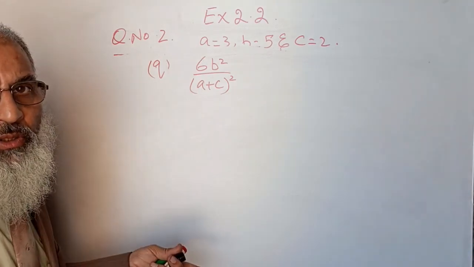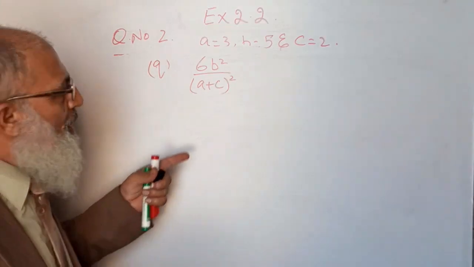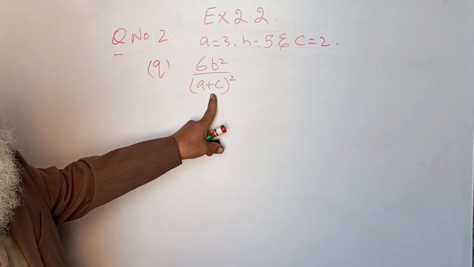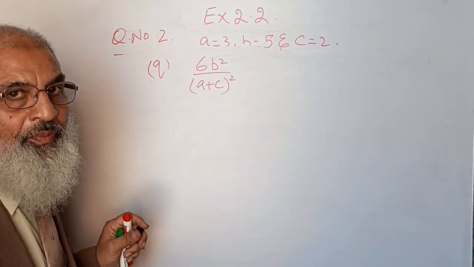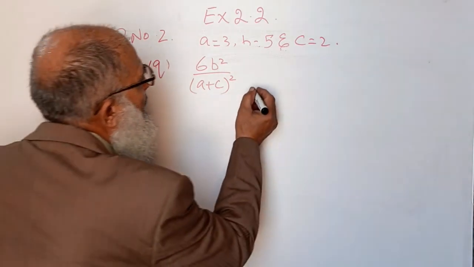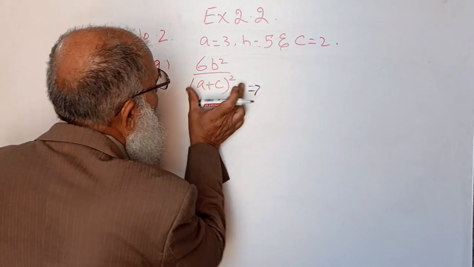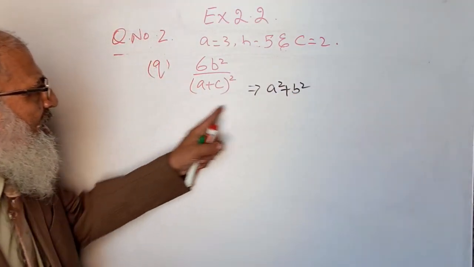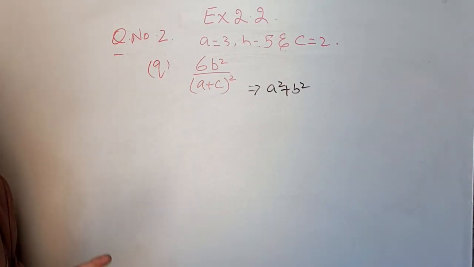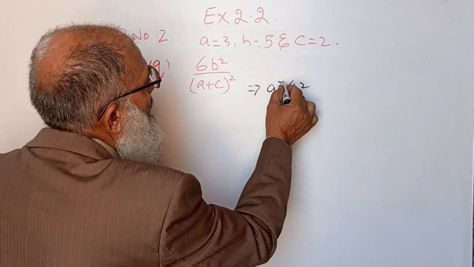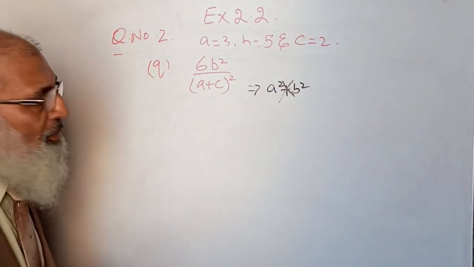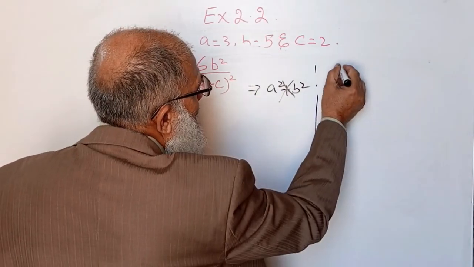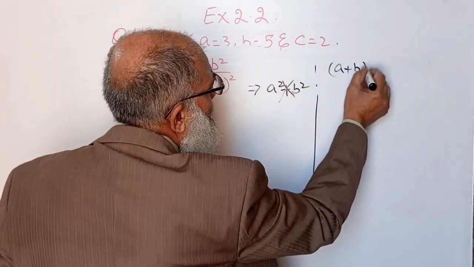Okay, true, it is not false, it is true. But what if an addition sign is in between the two? Now what will happen? Will it be like this, only this part, a square plus b square? No, this will be wrong. And there is a formula. I'm going to write it over here: a plus b the whole square.